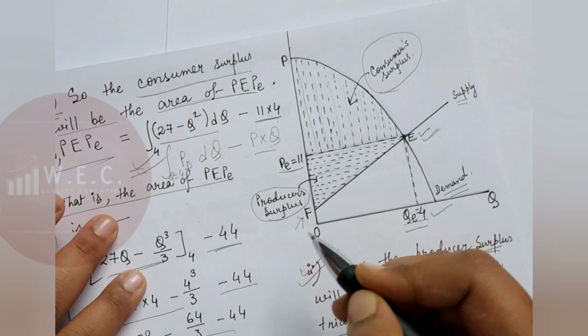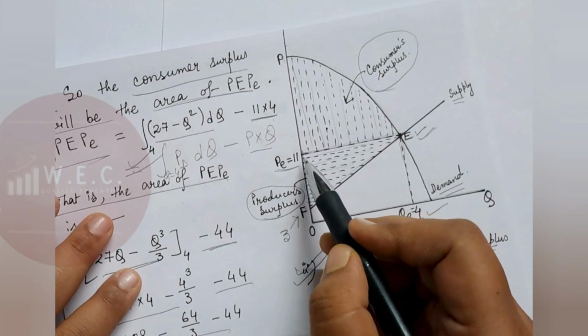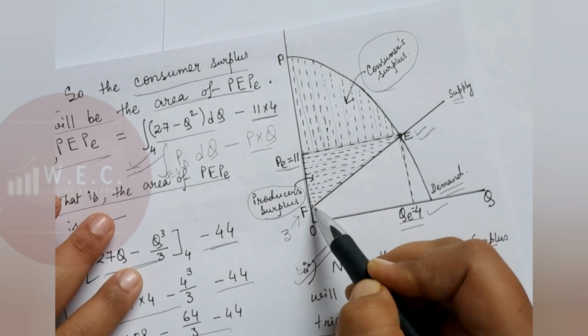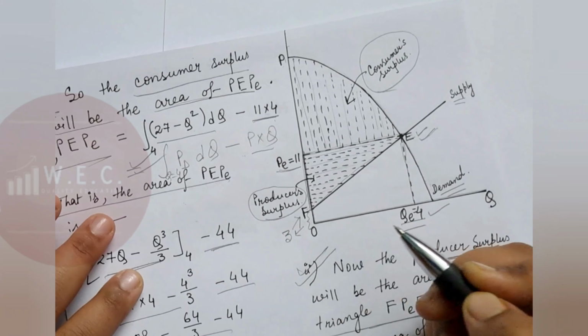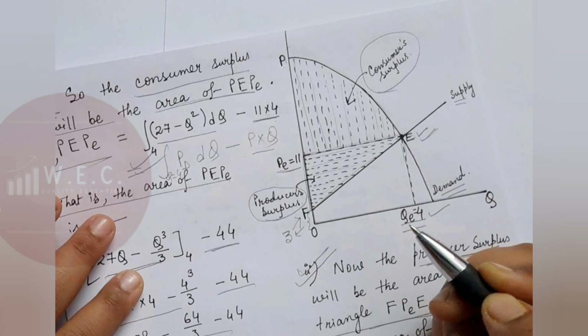Note that here OF, or FO, is the intercept of the supply curve on the price axis, the vertical axis, and the value of OF is 3. This value of OF is calculated from the equation of the supply function. So the value of the perpendicular, that is FPE or PEF, will be 11 minus 3.